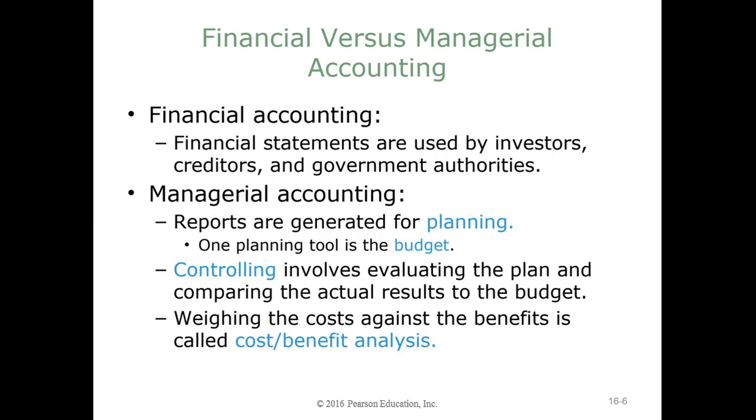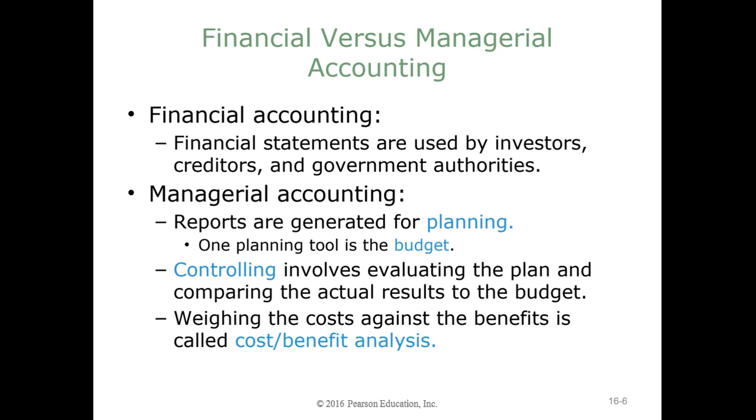So we have two types of accounting. We have financial and managerial. Financial accounting is where we look at our financial statements. We talked about these last quarter, but you've got your profit and loss statement, your balance sheet, and statement of cash flows.